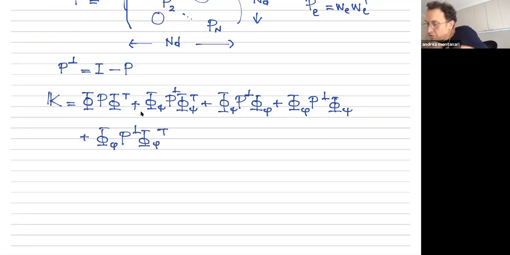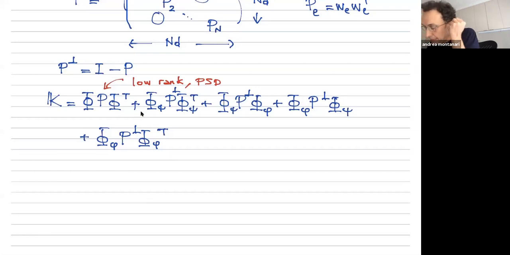Okay, so what is nice about this decomposition is that this part here is low rank, because P is a projector of rank capital N, and is obviously PSD. We want to lower bound K, and so that's good.